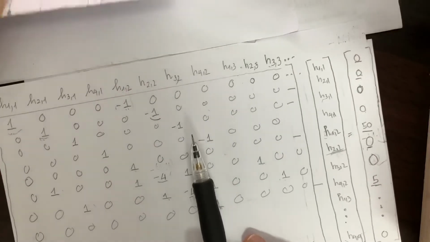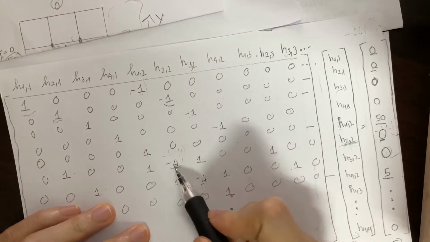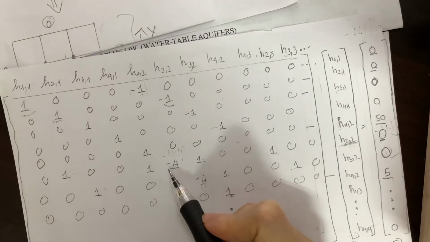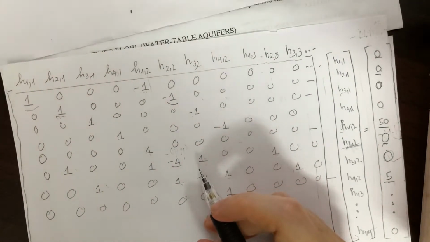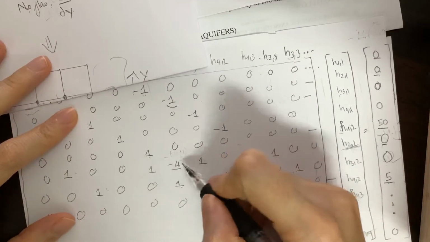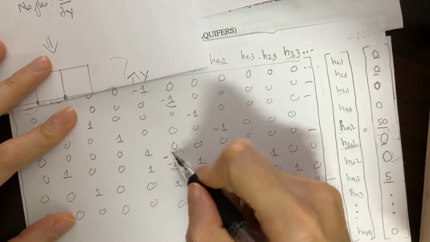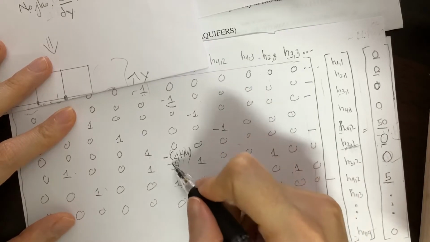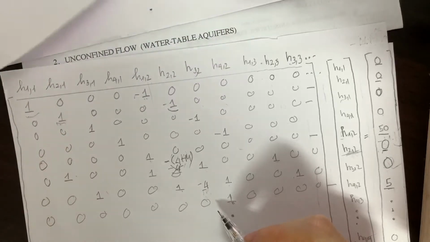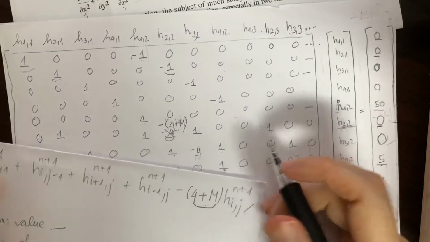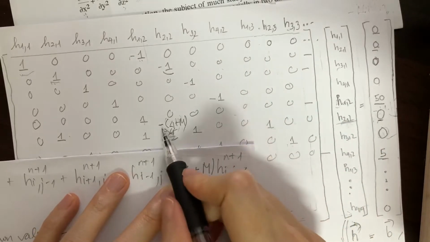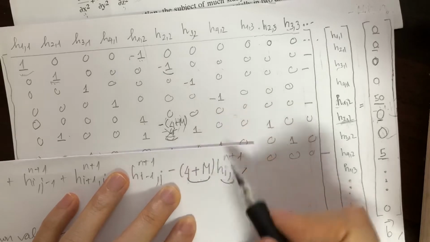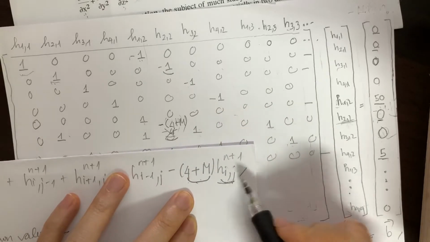But for the transient flow, instead of the minus 4 in here, you will have minus 4 plus m right here, the center point. You have the coefficient of minus 4 plus m for your center point.